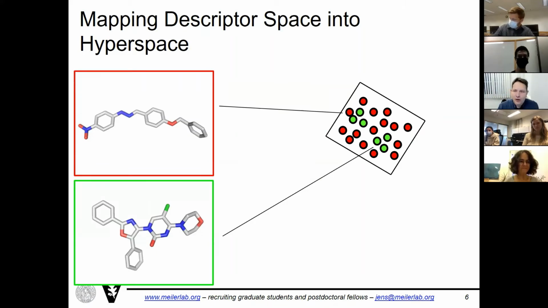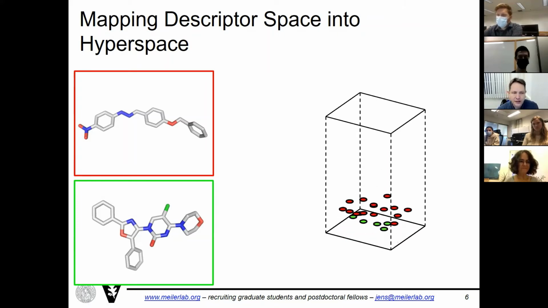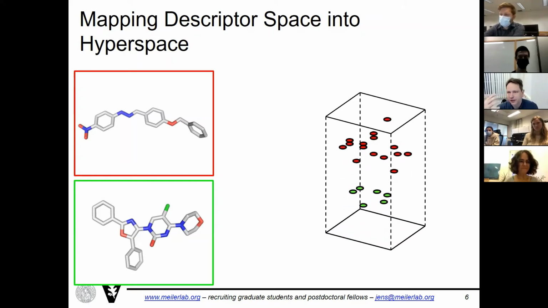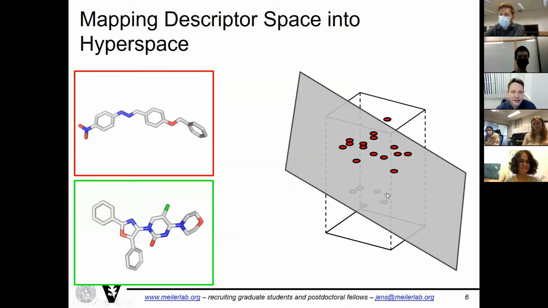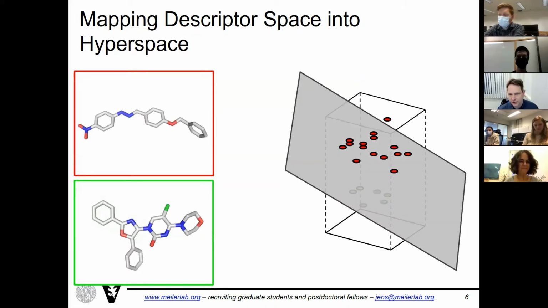Now, in the space of these descriptors, there's no linear operation that separates active from inactive. And that's what the hidden layer is for, right? The hidden layer is supposed to project these molecules into a different space, into a hyperspace. In this case, it's a very simple hyperspace, just 3 dimensions. But in that hyperspace, there exists a linear operation separating active from inactive.